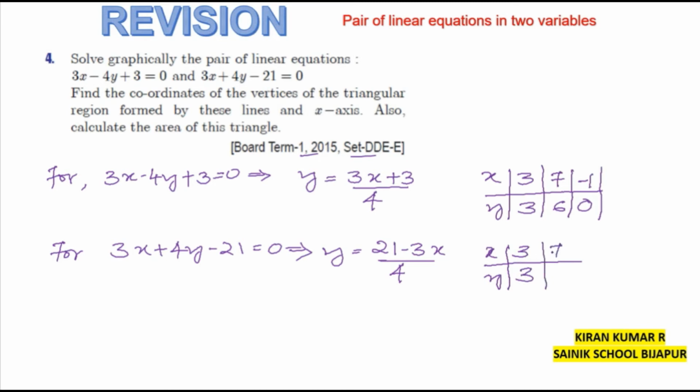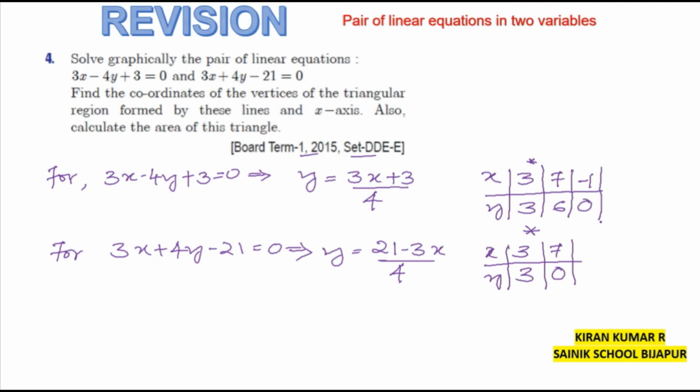When x value is 7, we get 0. Now look at these two tables. We can guess that both the equations have the same coordinates 3 comma 3. So this becomes the solution for these two equations.